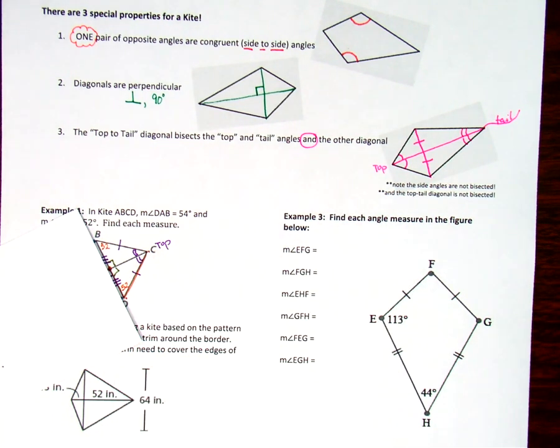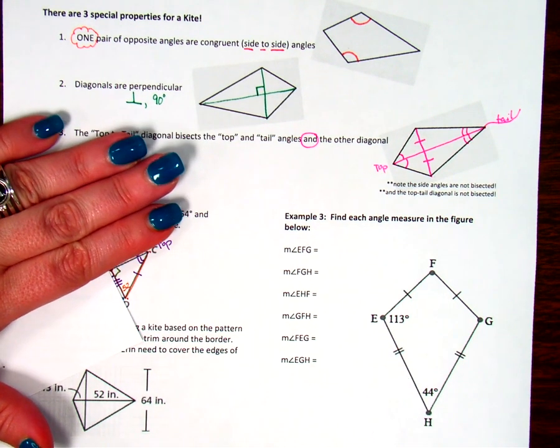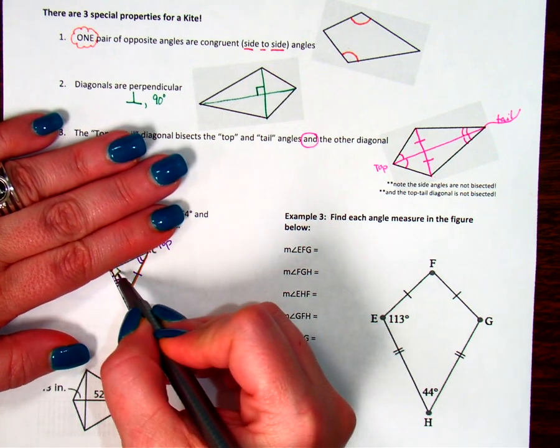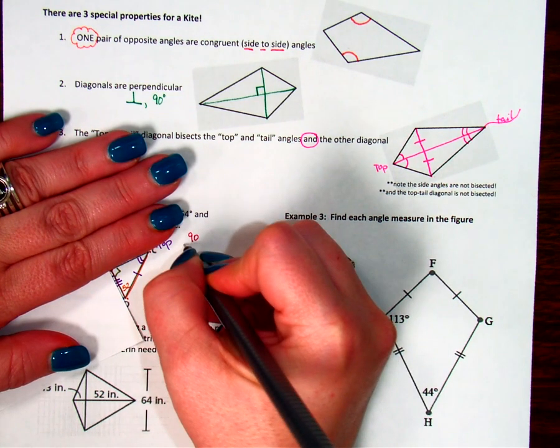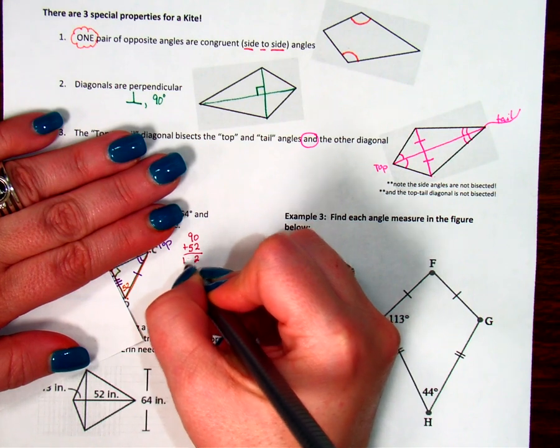So then the only other angles I need are these 2 angles up here. There's a reason we spent so long on triangles, right? We use triangles for pretty much everything we do. If I keep covering up and look at just this little triangle here, I know the triangle has 180 degrees. I've used 90 here. I've used 52 here. So 90 plus 52 is 142.